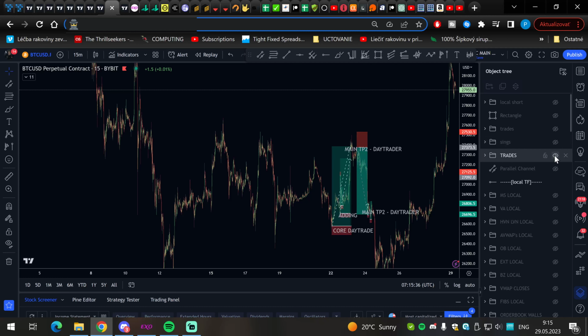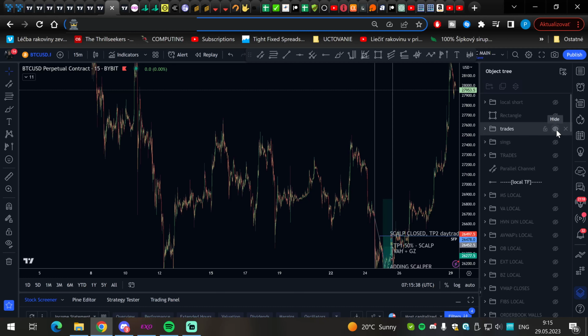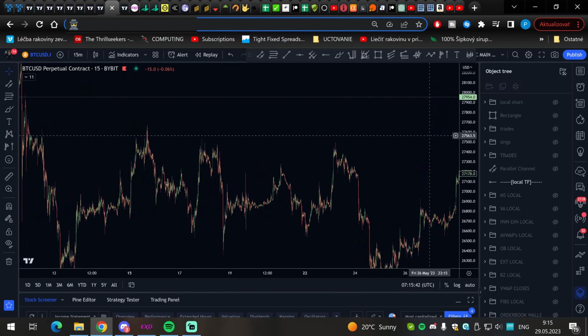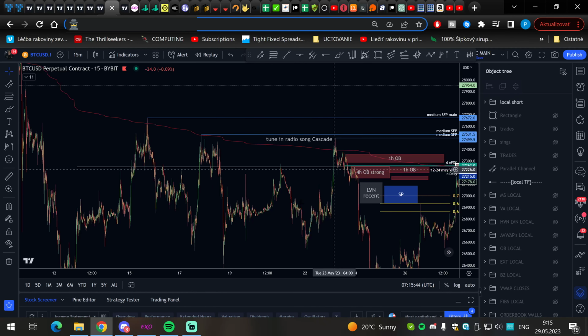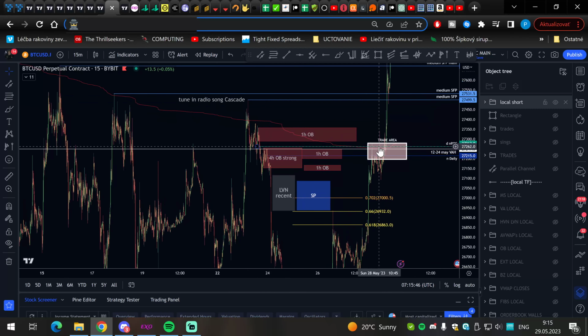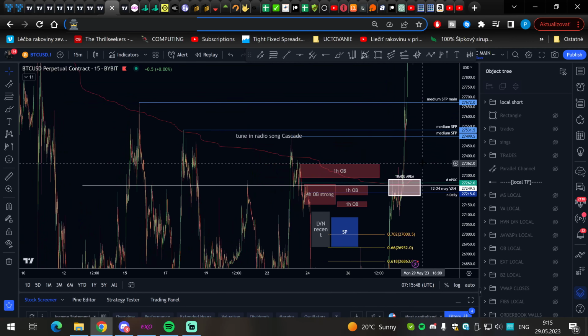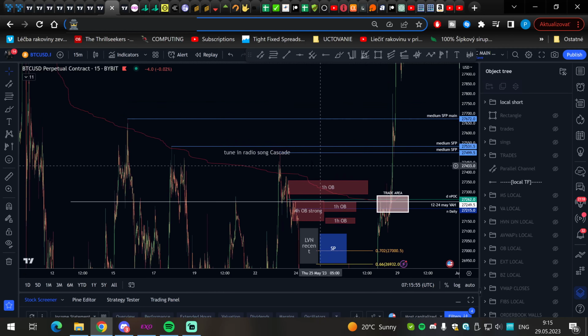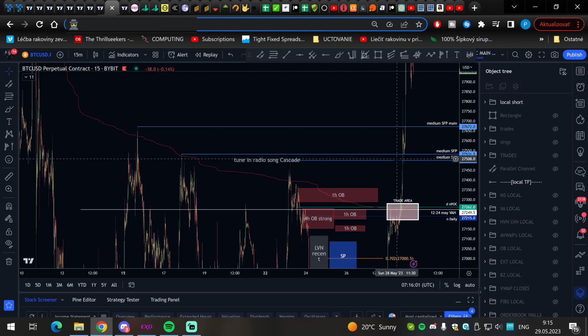Let me check trades. Yeah, so we were having this trade from the trade area, and I said in the group they need to turn on the cascade song, because that's what happened here. This high here, this high here, and this high here. These two highs were very easy to cascade liquidity further, and this high as well.